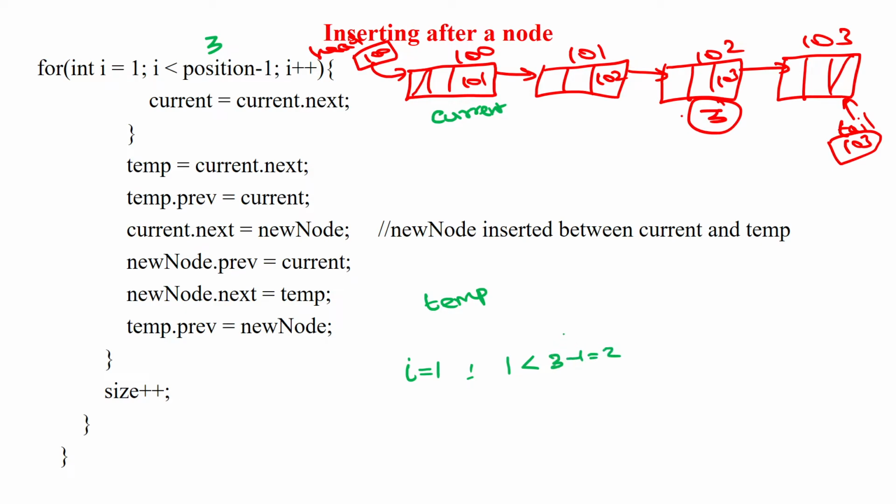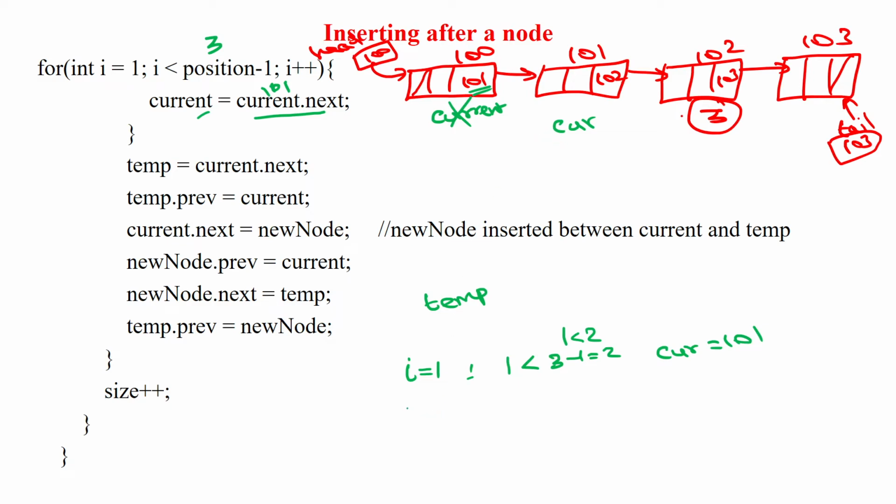So 1 less than 2, the condition is true. If the condition is true, I am assigning current dot next, which is 101, to current. So now the current value is updated with the second node, 101.